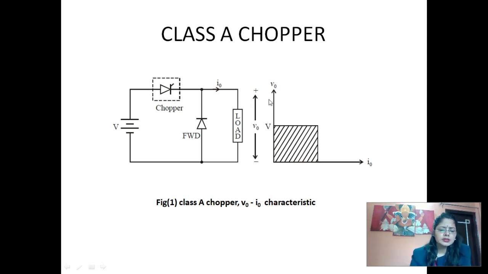So the class A chopper is the first quadrant chopper. Why is it a first quadrant chopper? Because the output voltage and the output current are always positive in this quadrant. V output is positive and I output is positive. Therefore, this is called first quadrant operation chopper.